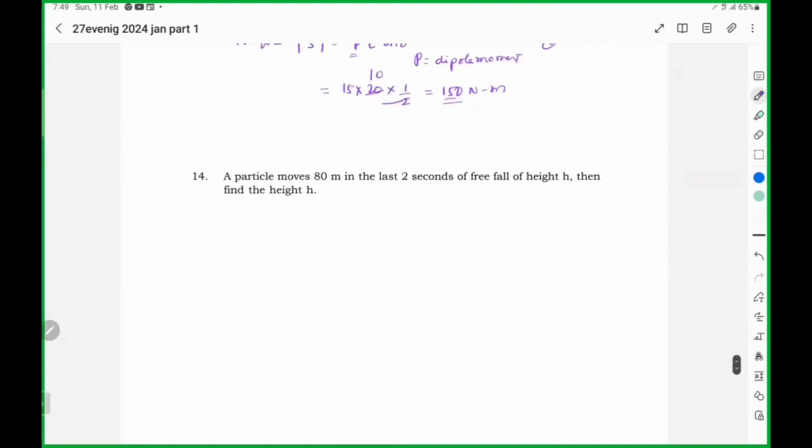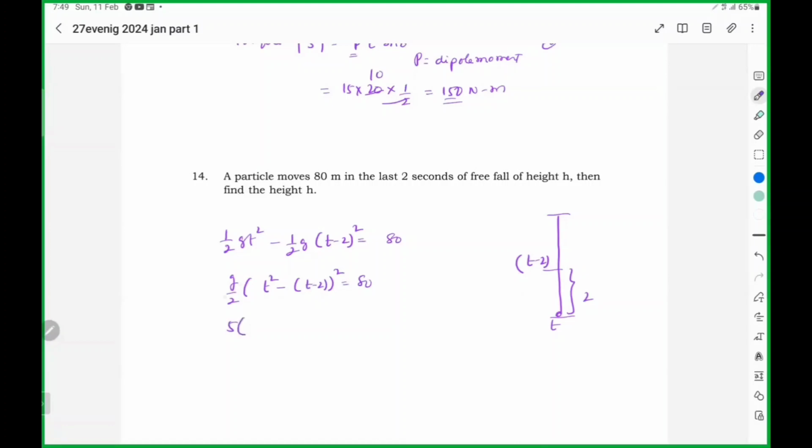A particle moves 80 meters in the last 2 seconds of free fall from a height, then find the height. Last 2 seconds. Suppose it reaches the ground in t seconds. In t minus 2 seconds, distance traveled in t seconds minus distance traveled in t minus 2 seconds is given as 80 meters. g by 2 into t square minus (t minus 2) whole square is 80. 5, g is 10. t minus 2 plus t, which is 8.